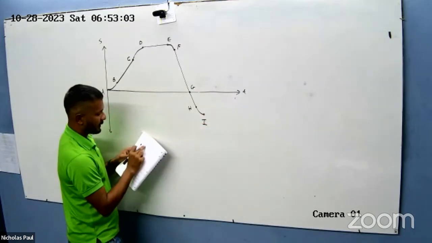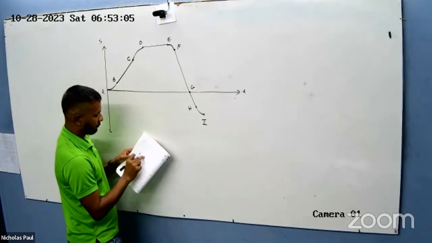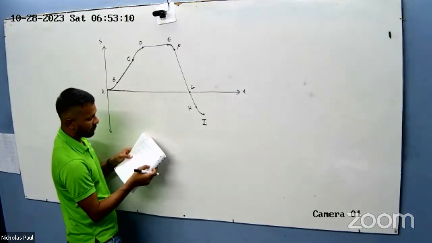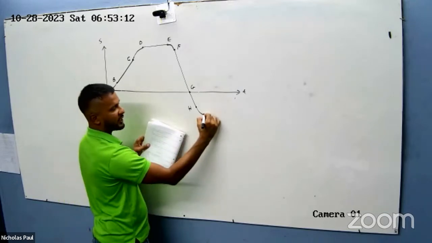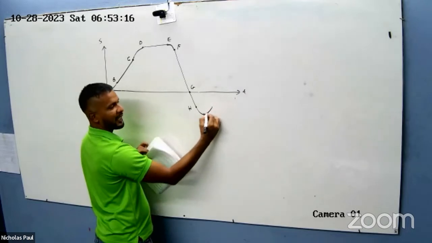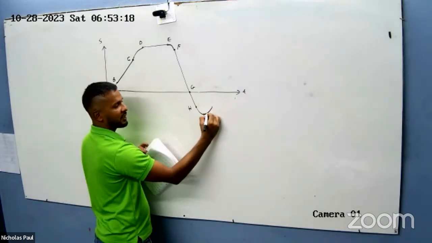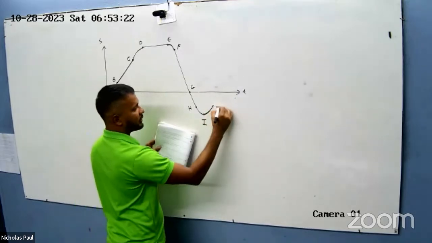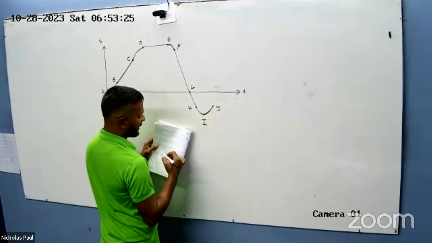What's the next part? I to J. Displacement is negative and the velocity positive now. So I'm going to change direction and it's gently increasing. So I'm doing an increasing gradient. That's a curve. That will take you to J. J to K, the displacement is negative.